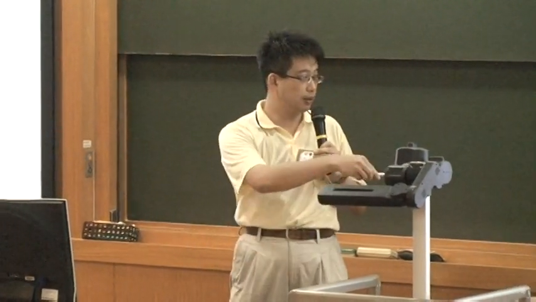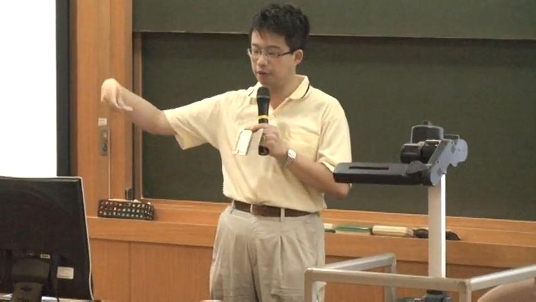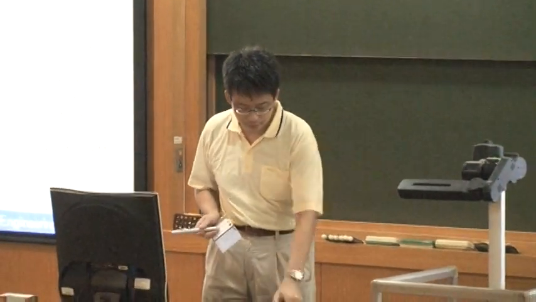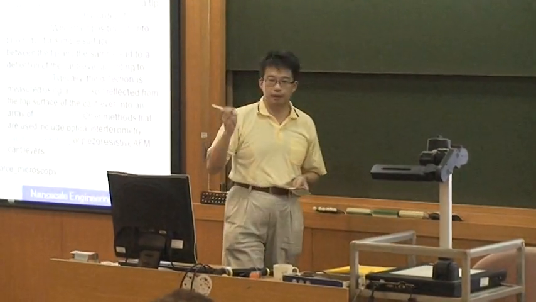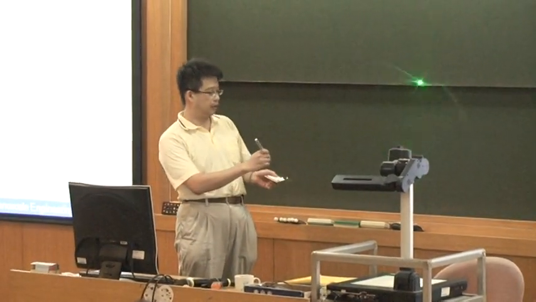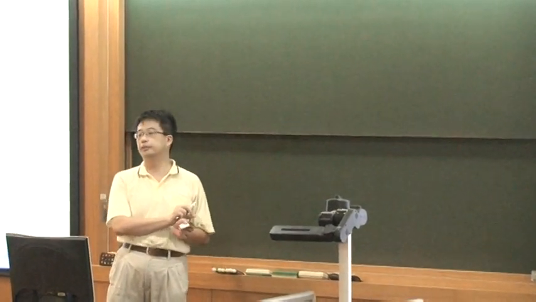The backside of my name card box is like a mirror. The same thing for this tip. If I use this laser pointer to shoot down this box, you will see one point. But if I tilt the box a little, you will see the signal actually move a lot compared to the distance or the change of this mirror.